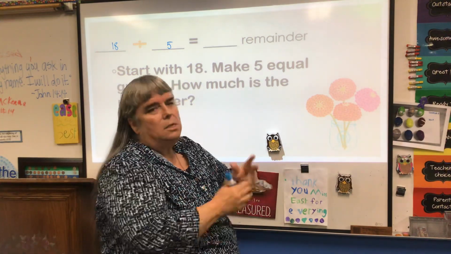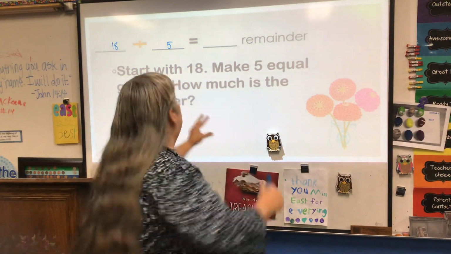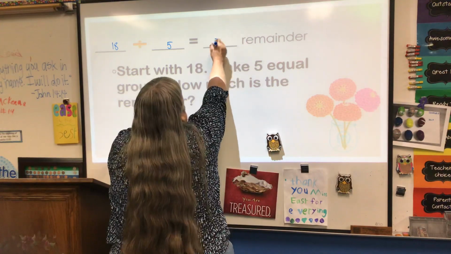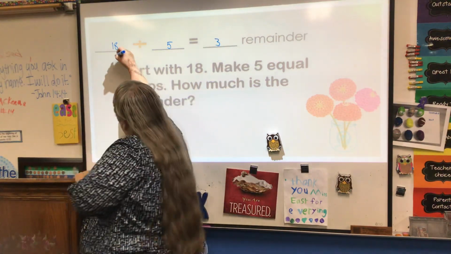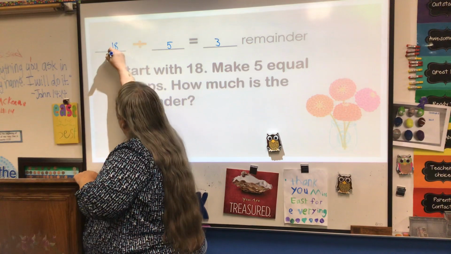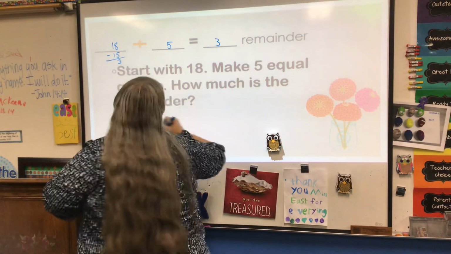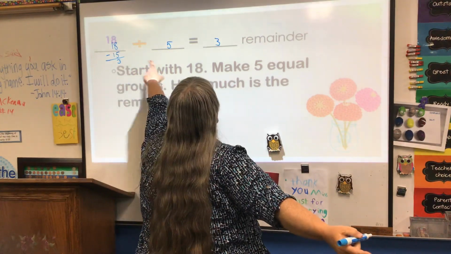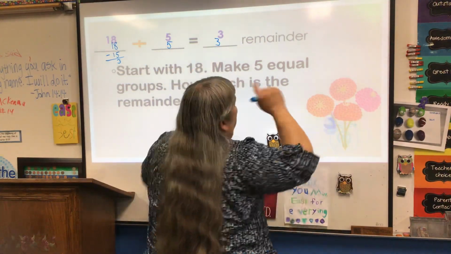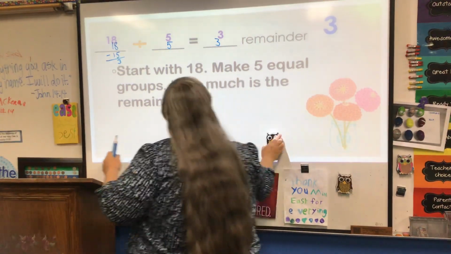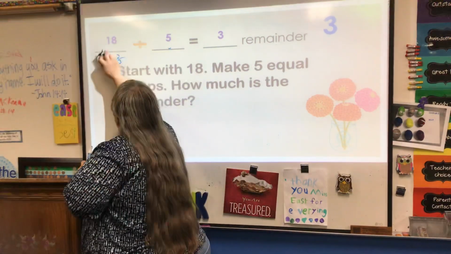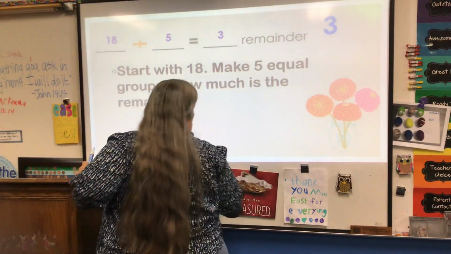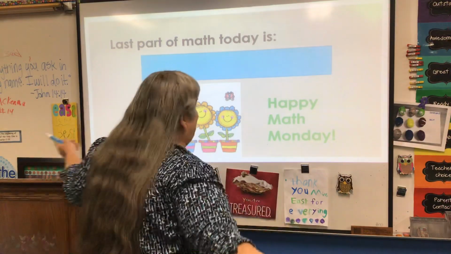Oh, we went over. So just 3. 3 times 5 is 15. I write 15 here. I subtract. I get 3, and my remainder should be 3. So let's see what happens. 18, 5, 3, 3. 3 again. Okay, great. Next problem. We're done.